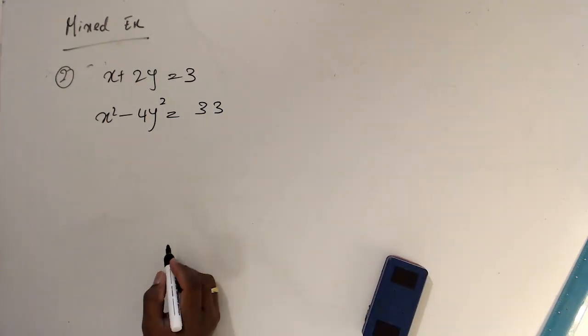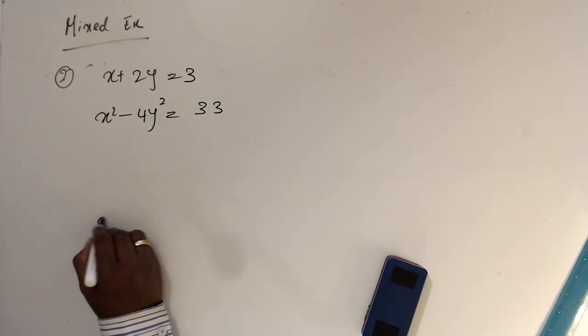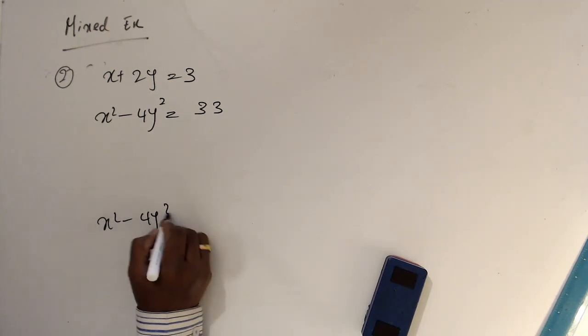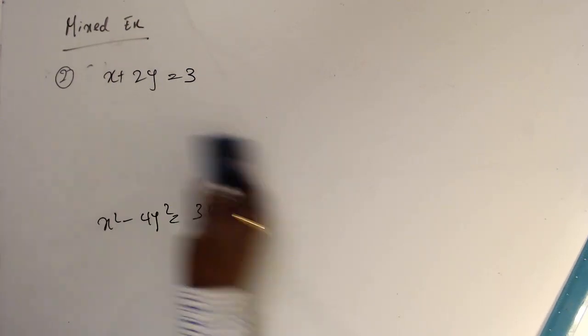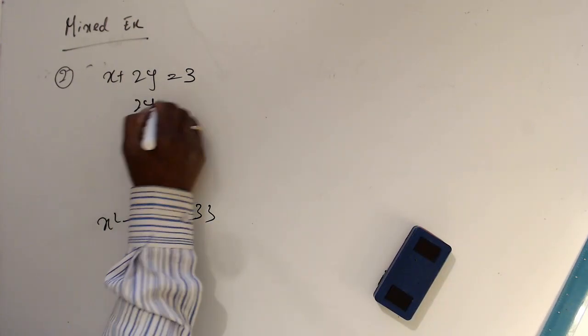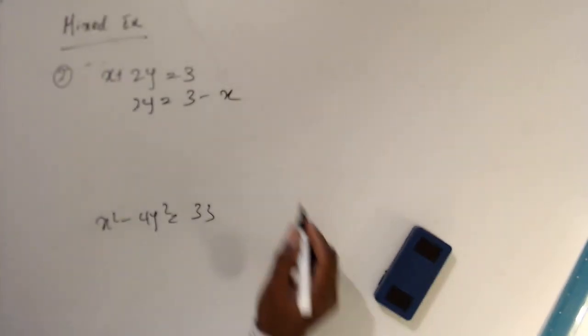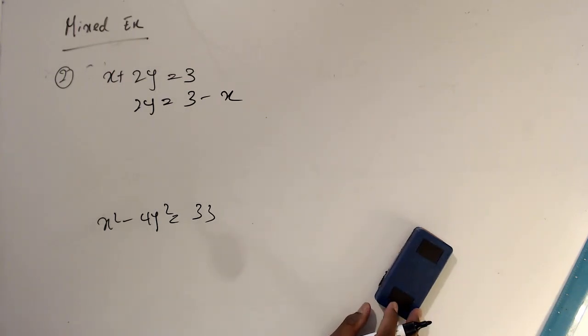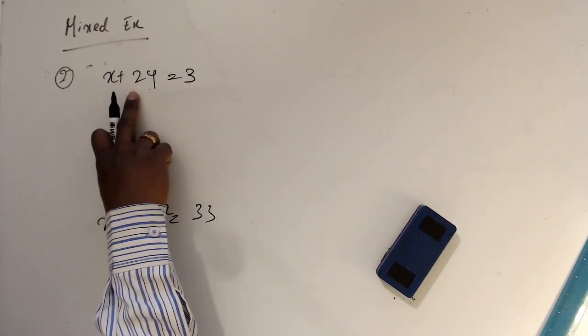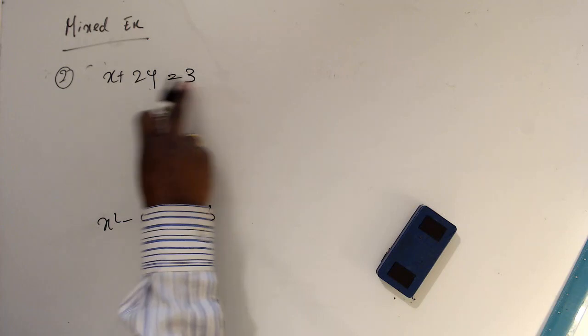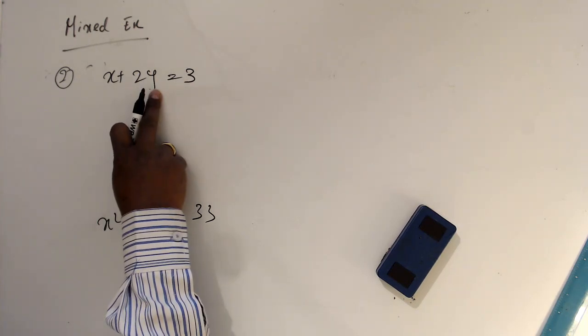Question number 2, we have to solve the equations simultaneously. I rewrite this equation because I'm going to fix this one separately: 2y equals 3 minus x. When I look at this equation, if I take x to the other side, this is going to be 2y.